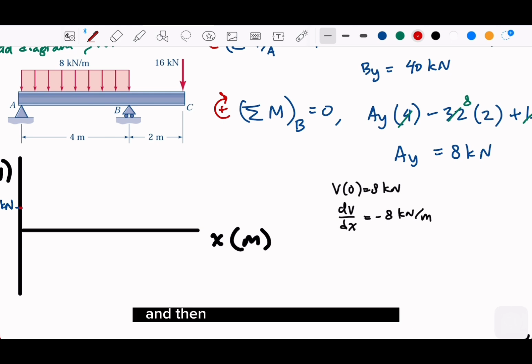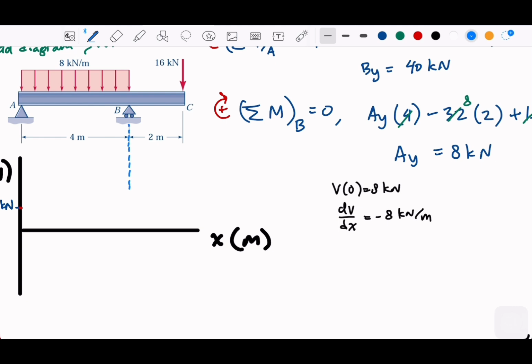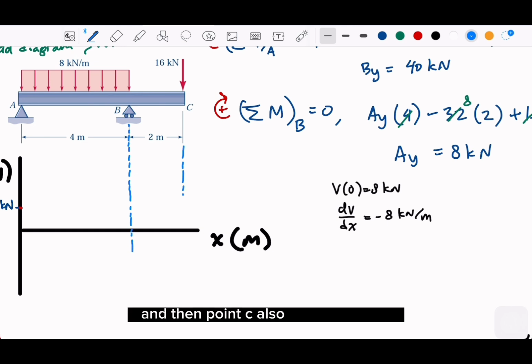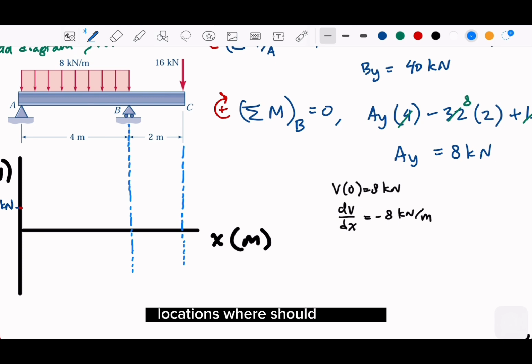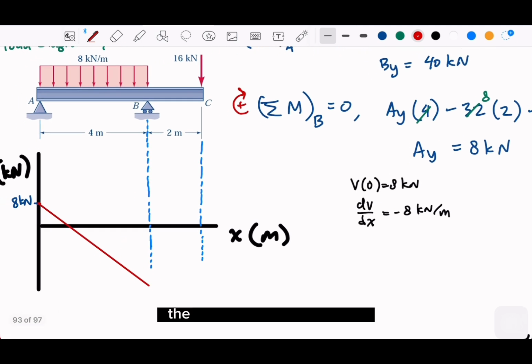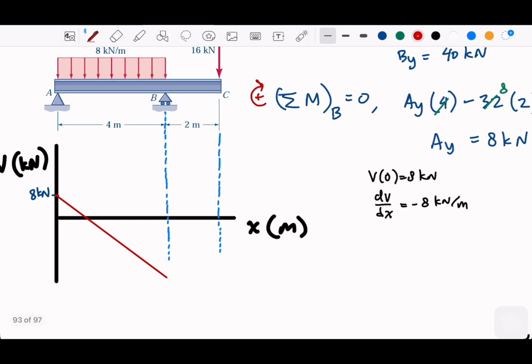And then maybe make this point B takes down, and then point C also, just to give our locations where we should stop or where something happens. So perhaps this is going in that direction. So this slope is basically the distribution loading.